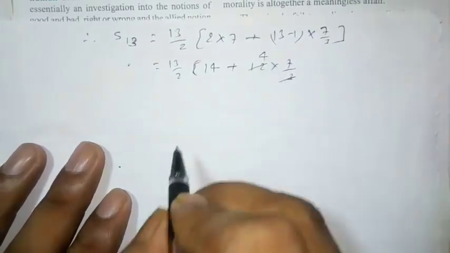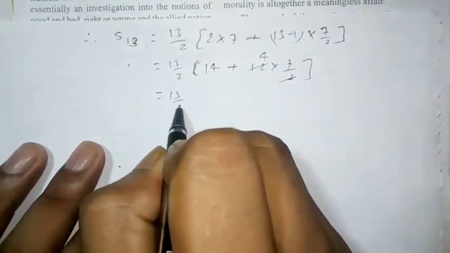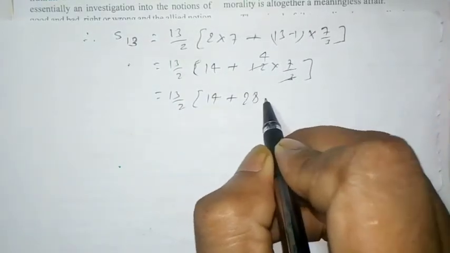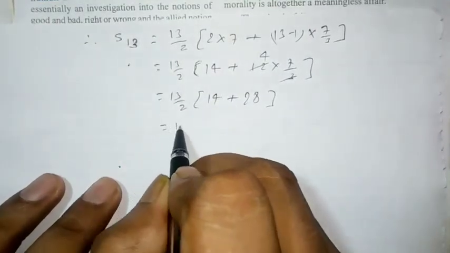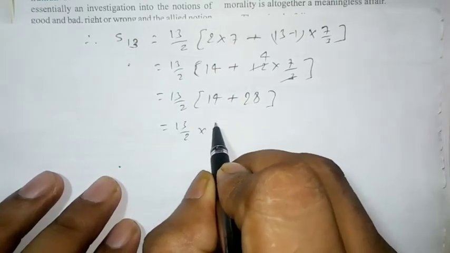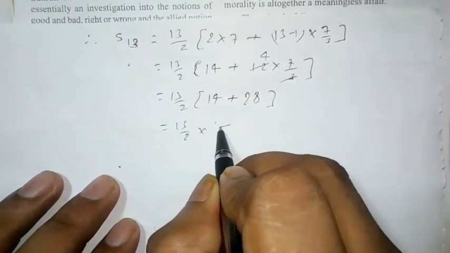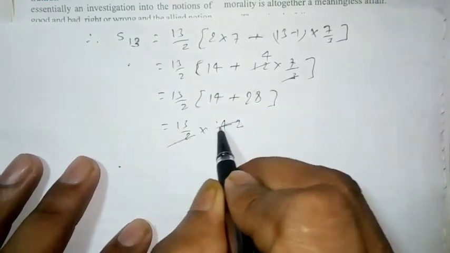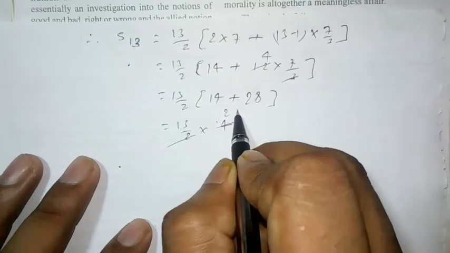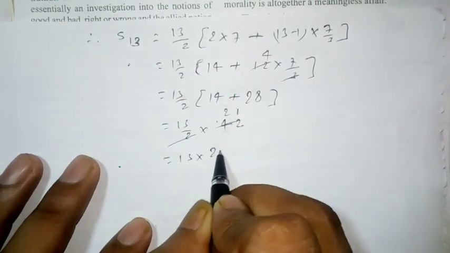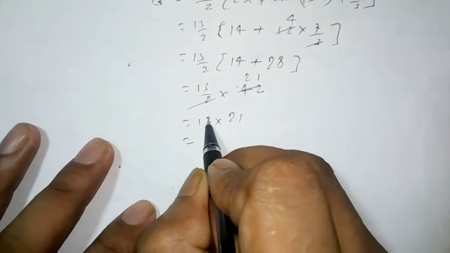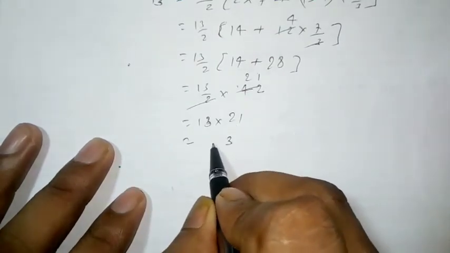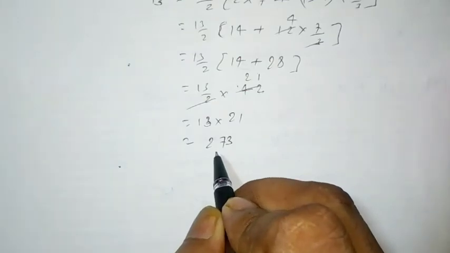That is 13 by 2 into [14 plus 28], which is 13 by 2 into 42, which is 13 into 21, which is 273.